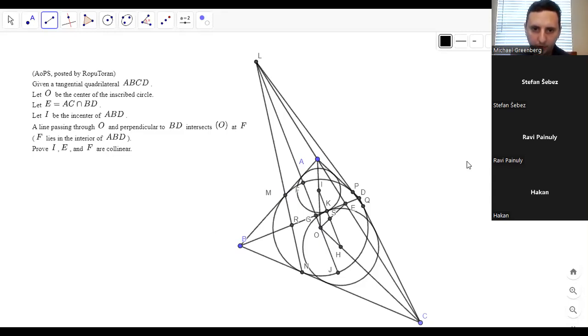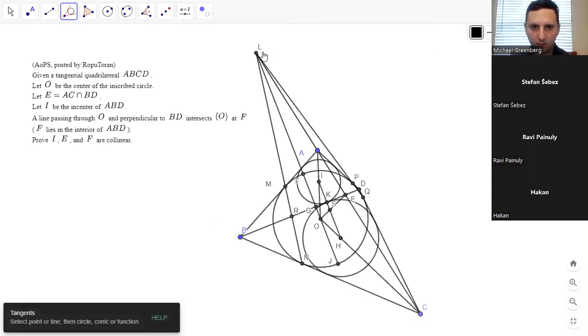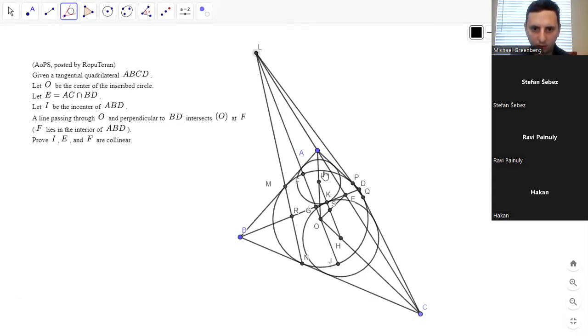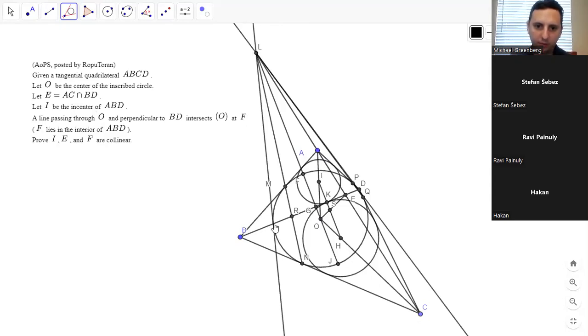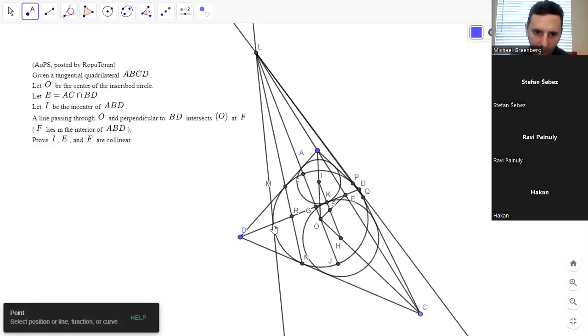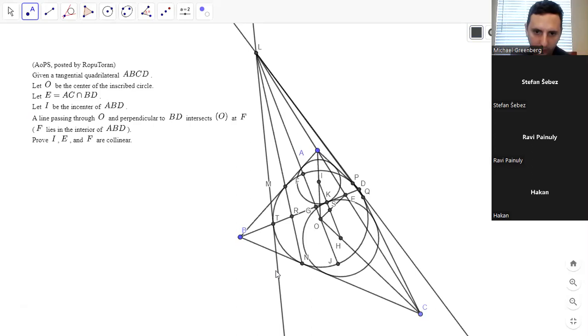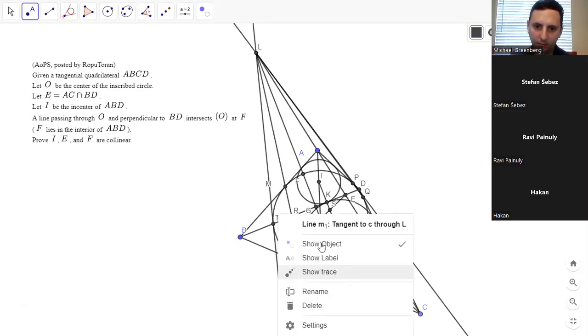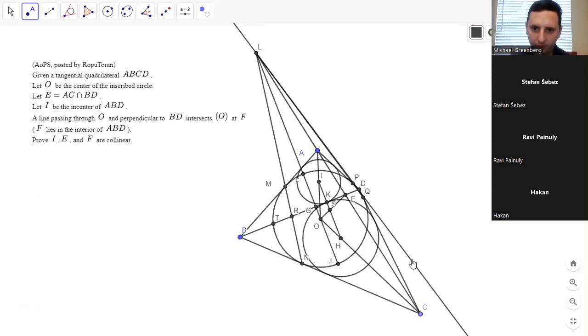I wonder what happens if we take the tangent from L to the circle. So do these concur? Basically, if this point is T, LT is going to be tangent, and the same on the other side too. I'm just going to draw this one for now.